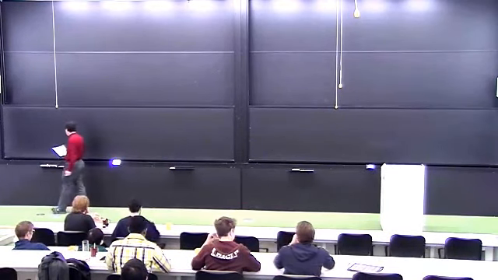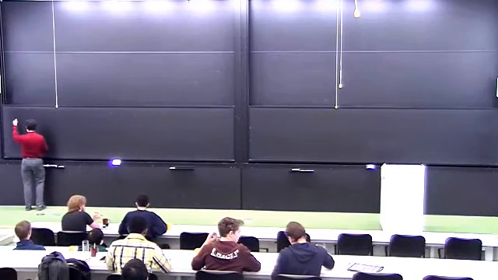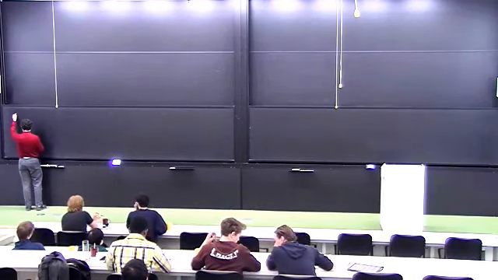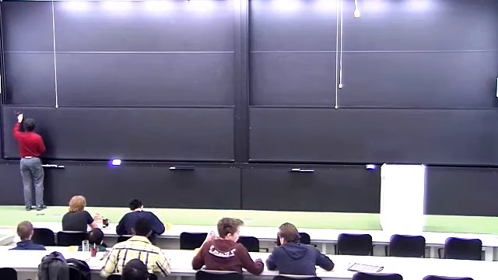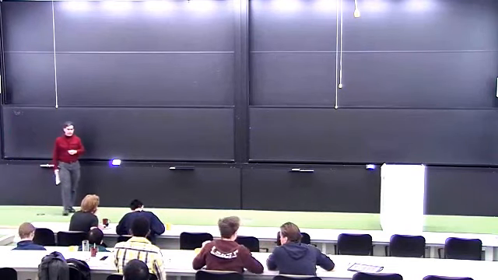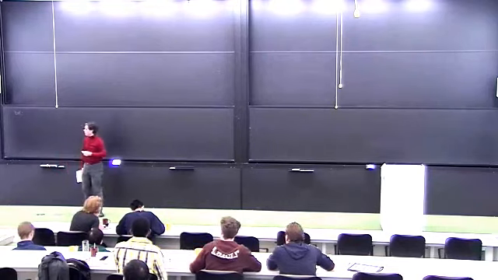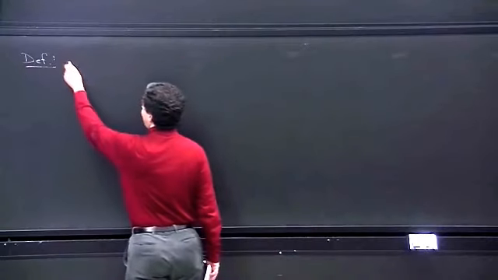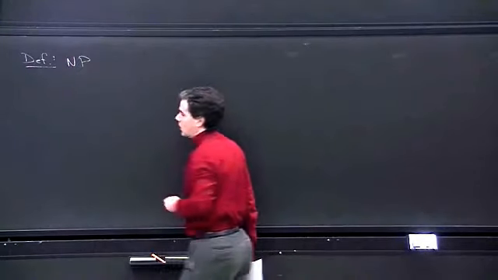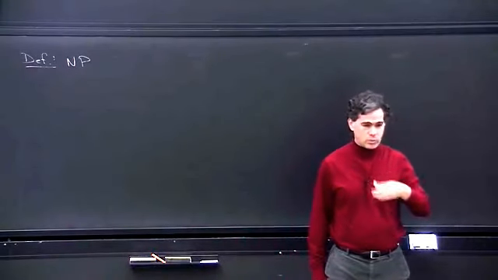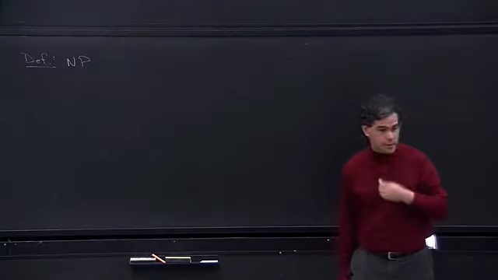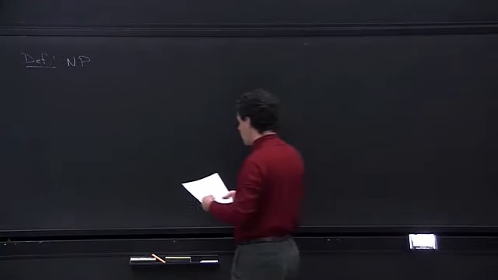So in particular, one complexity class that people talk a lot about is the complexity class called NP. This is going to be a class of problems. As you'll see, it includes some easy problems and some hard problems, presumably.